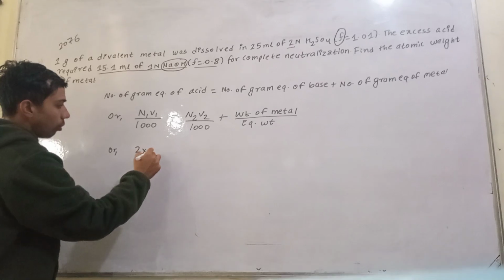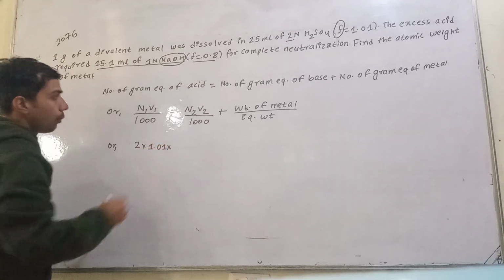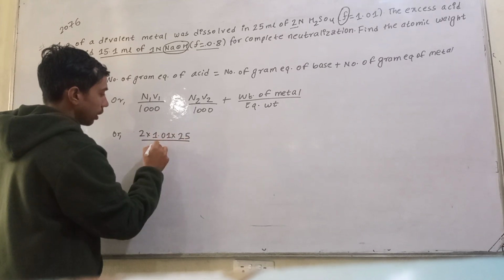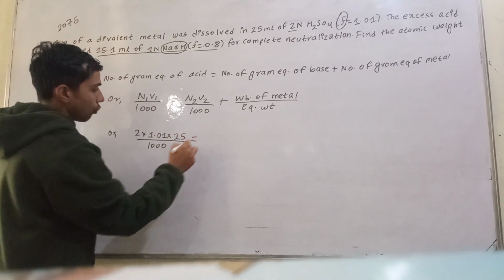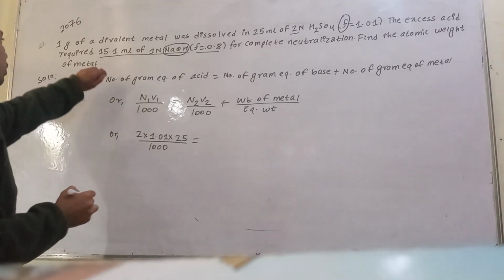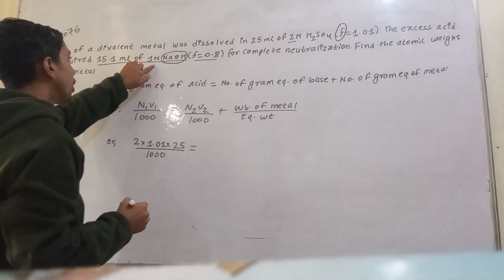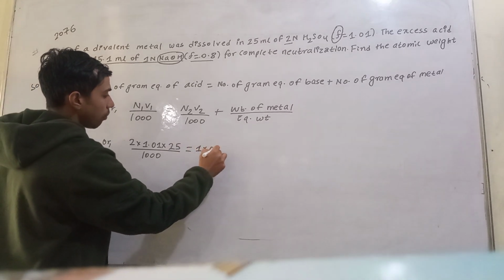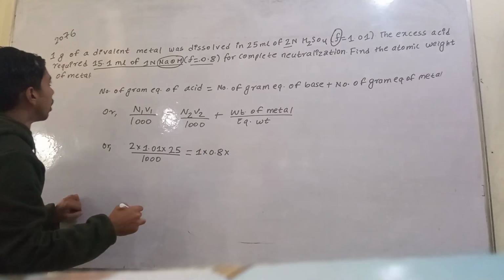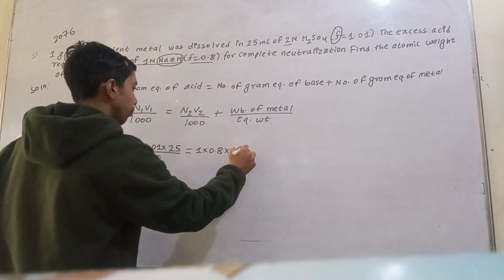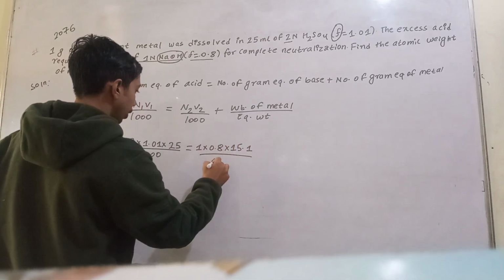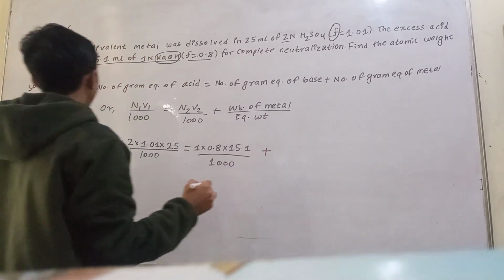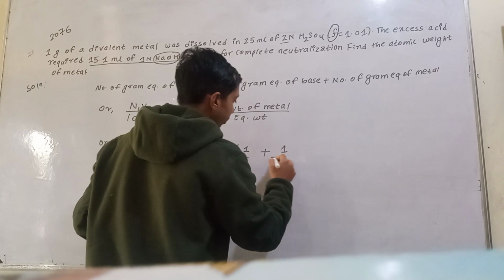So we need to multiply this normality with the normality factor in the value of N1: 2 into 1.01, and the volume given is 25 upon 1000, equals N2, that is the normality of base. Here we have also been given the normality factor, so we need to multiply with 0.8, and volume is given 15.1 upon 1000, plus the weight of the metal, that is 1 gram.